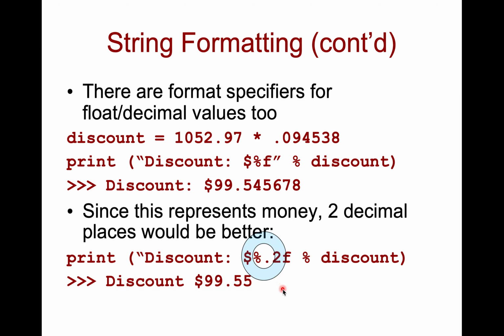So we see discount 99.55. I'm missing the colon here. That's a typo on my part. But 99.55. Notice that 99.545678 has been rounded up correctly to 99.55. So this will also do rounding for you.